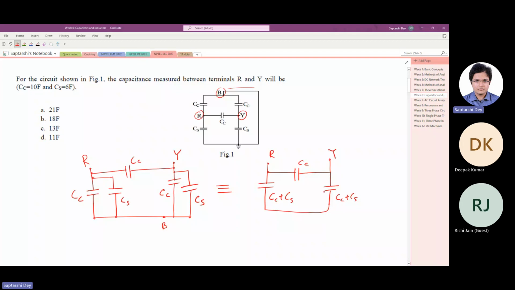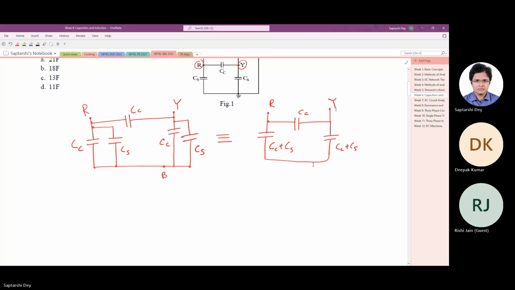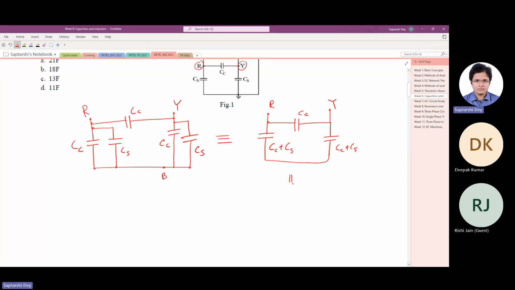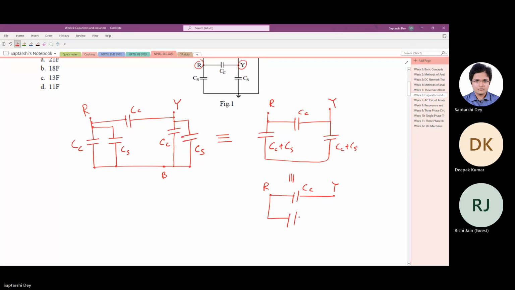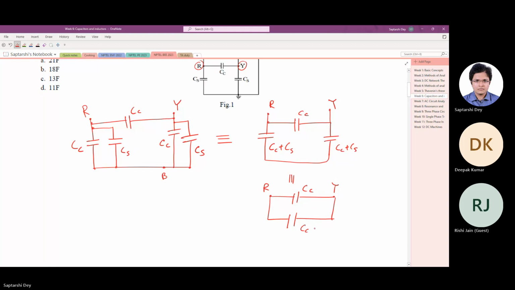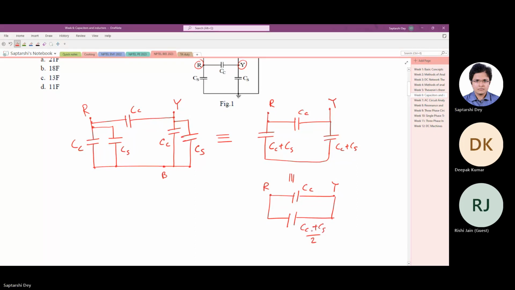As you can see, these two capacitances Cc plus Cs are in series. So between R and Y there is one capacitor here which is Cc, and another one which is Cc plus Cs by 2. They're in series. Now these two are again in parallel.